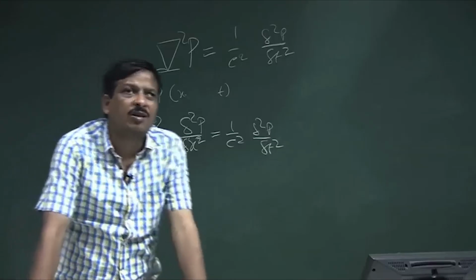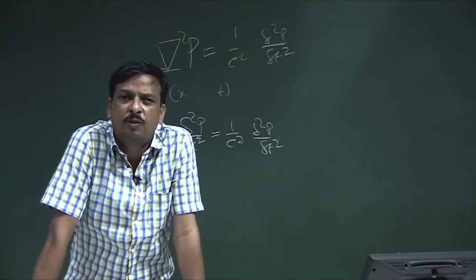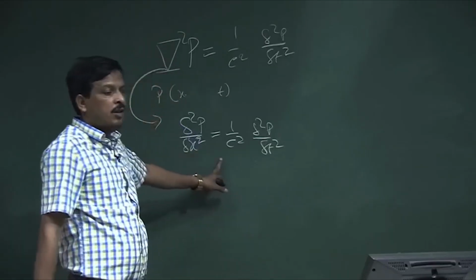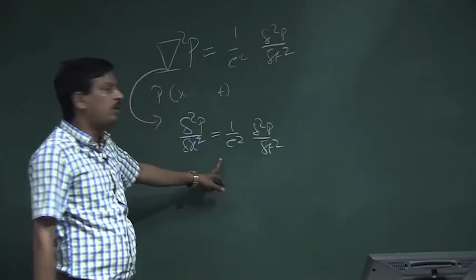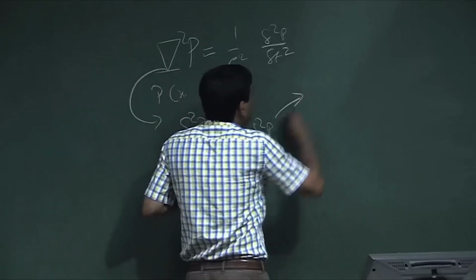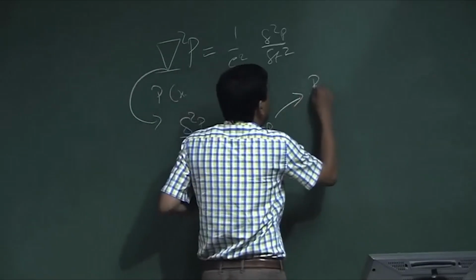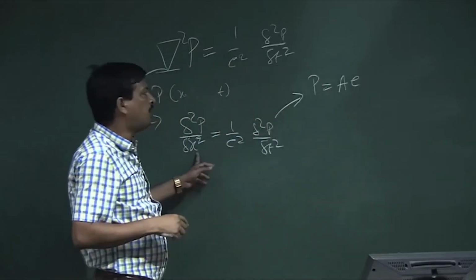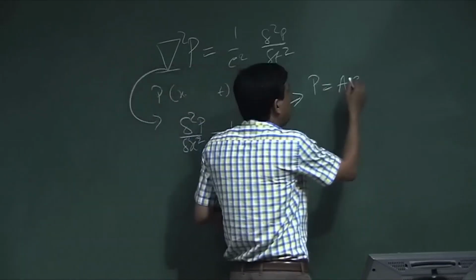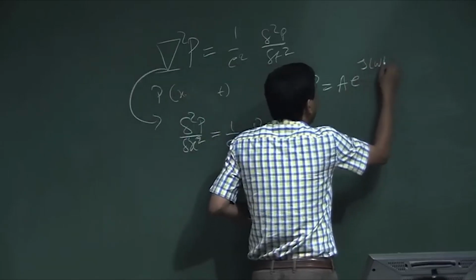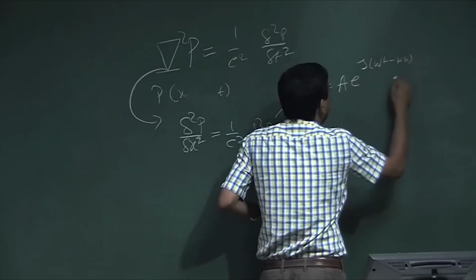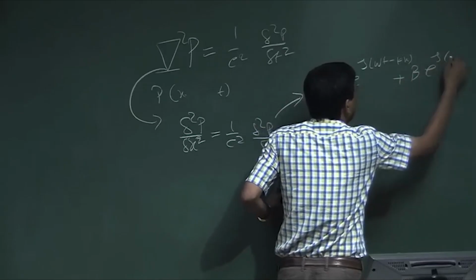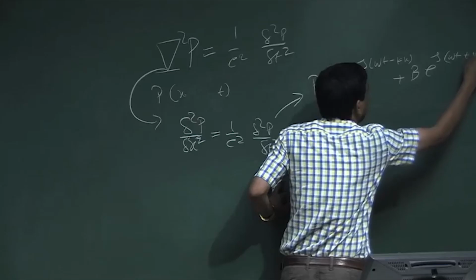So this is a second order differential equation. Now, what is the solution of the differential equation? I have to find the solution. You know that for a second order differential equation, the solution will be in the form P is equal to A e to the power j omega t minus kx, plus B e to the power j omega t plus kx.